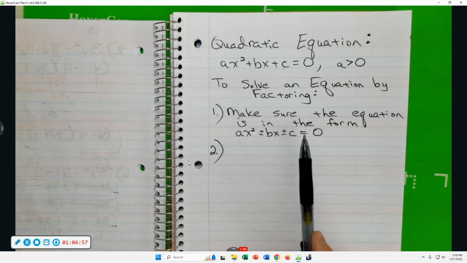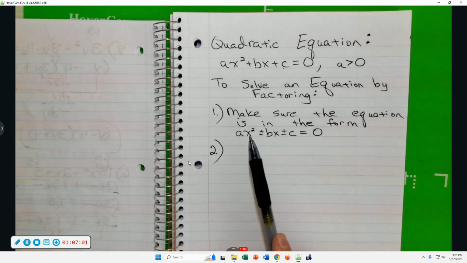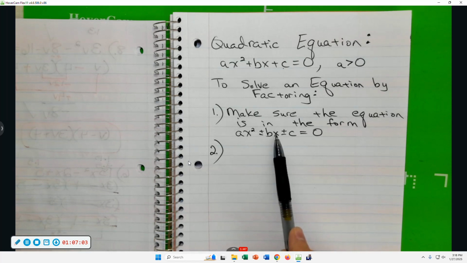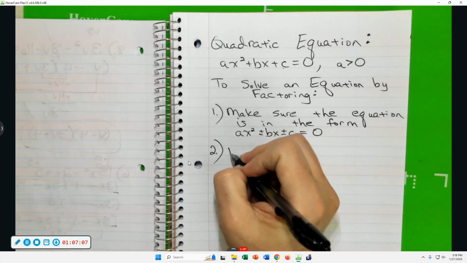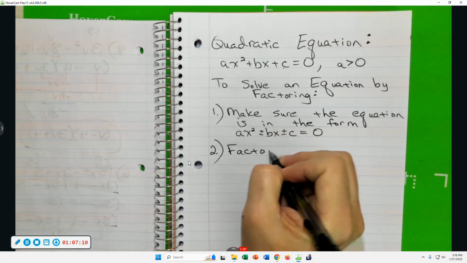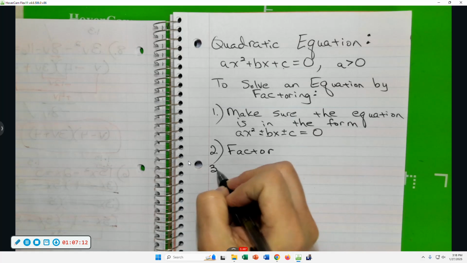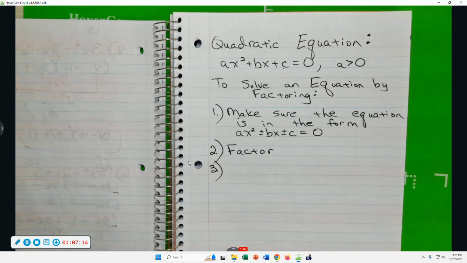Then, once you've made sure that it's in what we call standard form, the descending order based on the variables and 0 on the other side, we'll factor the trinomial. That's what we've been doing. Third step, we're going to use something called the zero factor property.